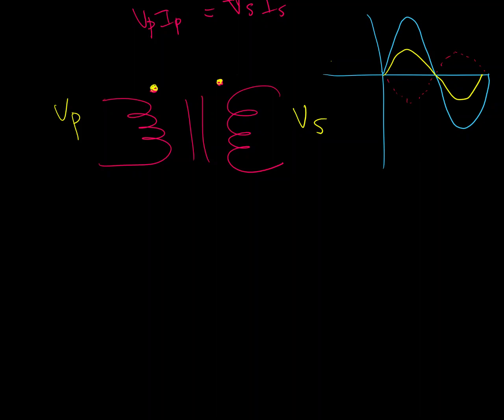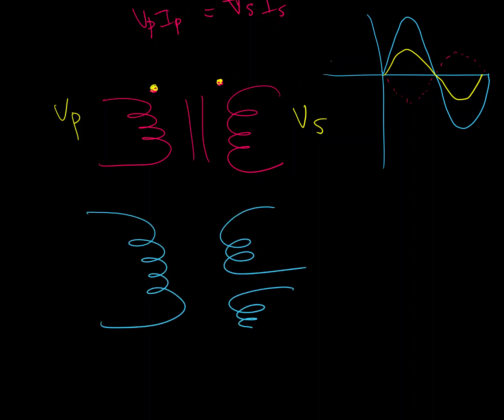Okay, and where that becomes important is if you have a transformer that has multiple secondaries with the dots here, you will get a different output whether you connect, say you wanted to connect these two secondaries together.